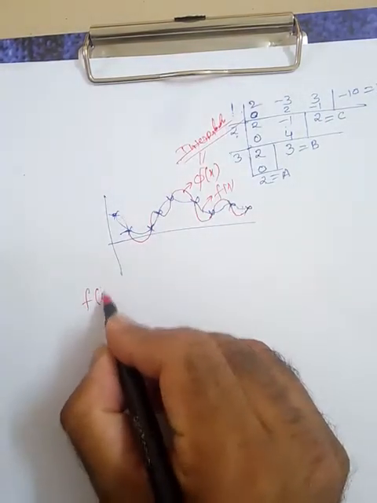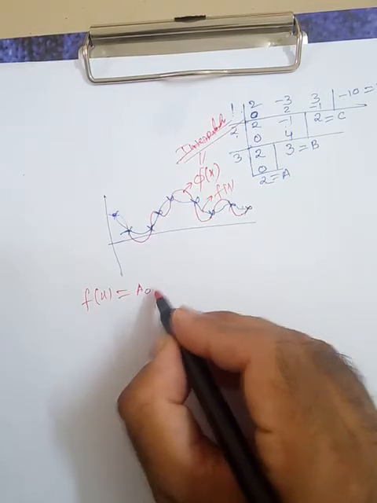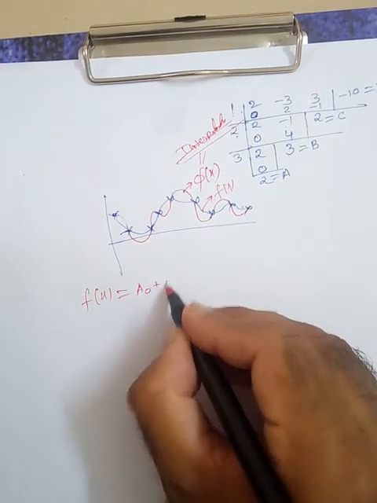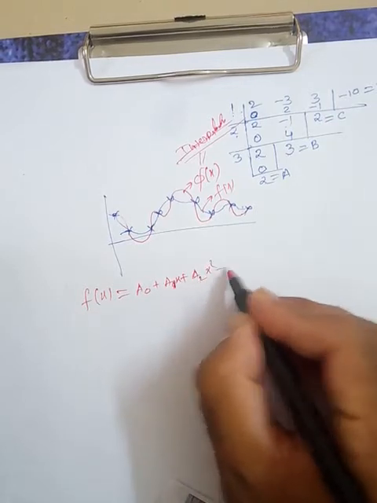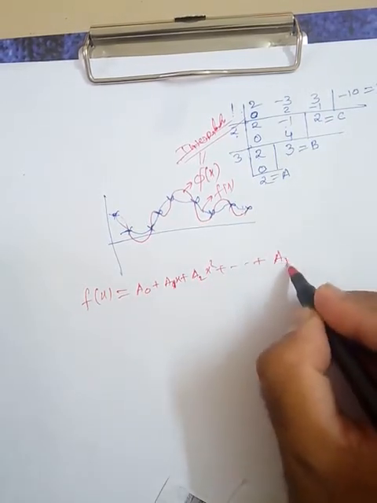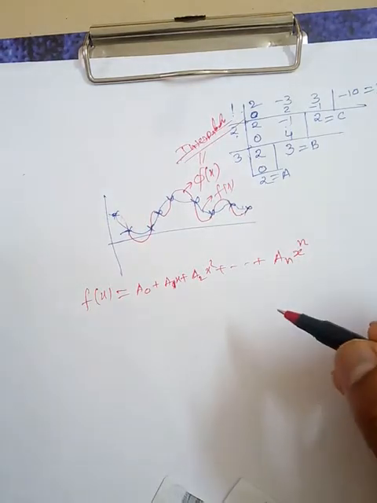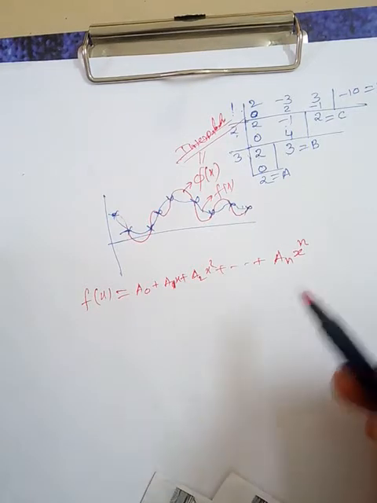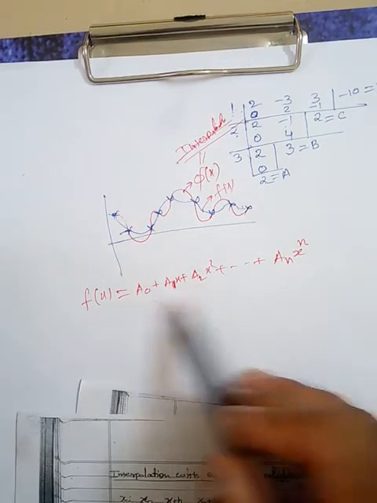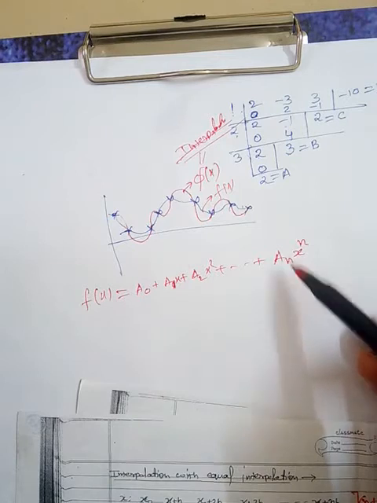Suppose f of x or phi of x is equal to a0 plus a1 x plus a2 x square plus up to an x raised to the power n. This is one way, but this is difficult. Why? Another thing is that it is very difficult to evaluate all these values with the help of the given data.